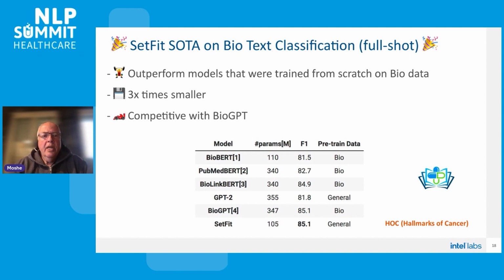And what you can see here, quite surprising, is that SetFit actually outperforms models that were trained from scratch on bio data. It's even more efficient, more than 3x smaller, and competitive with BioGPT, which is considered state-of-the-art for this specific task. So it's quite promising results.